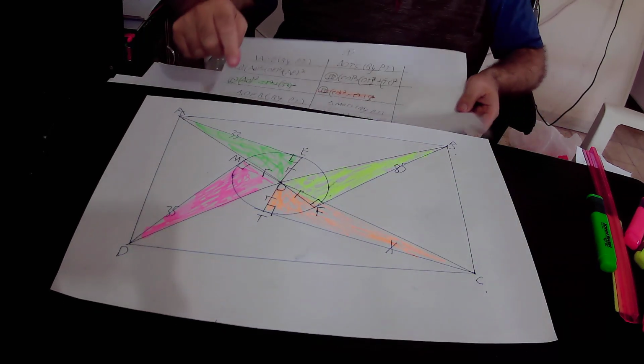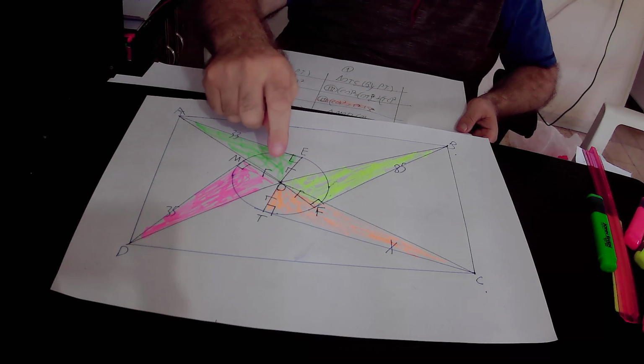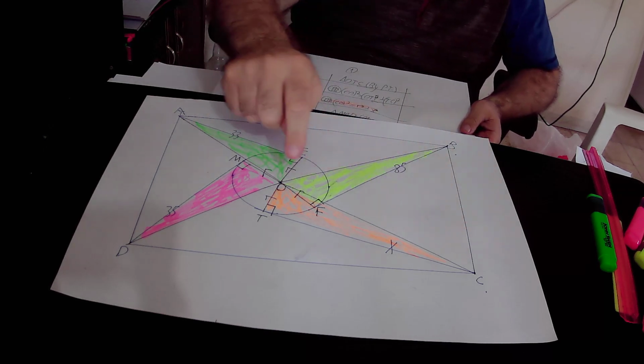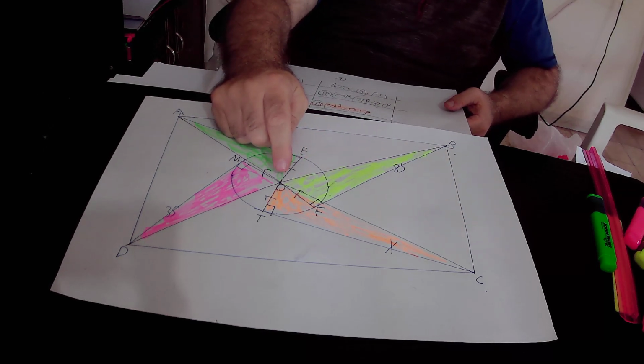Then we join points C and O together by a straight line. In this way, we created the orange right triangle OTC.